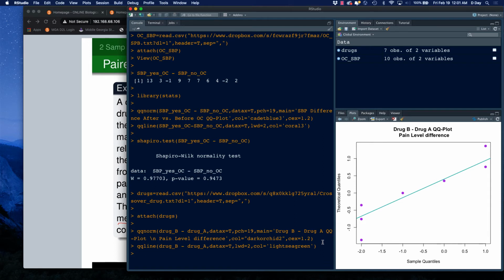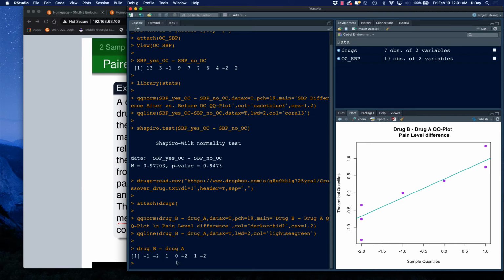It's not the prettiest thing in the world, and as you can see, there's 3 points that are stacked on top of each other, and there's a reason for that. If I just take drug B minus drug A, in the order I did them in, you notice I have 3 negative values of -2 in the differences.